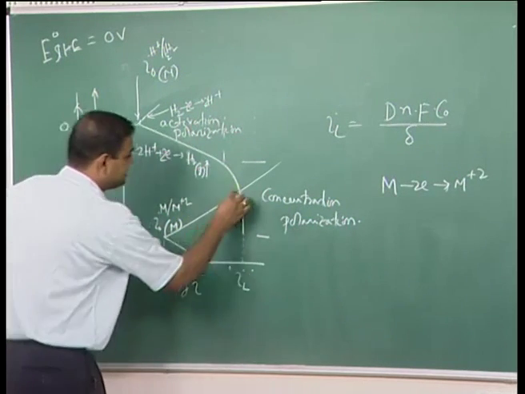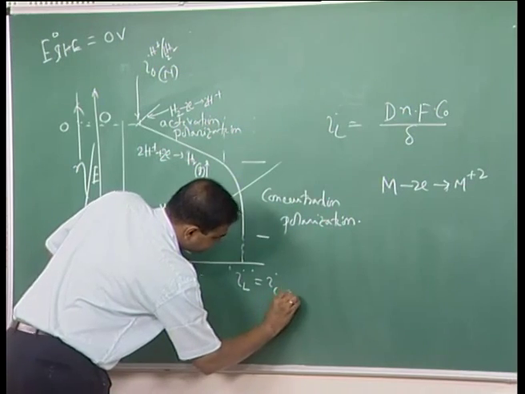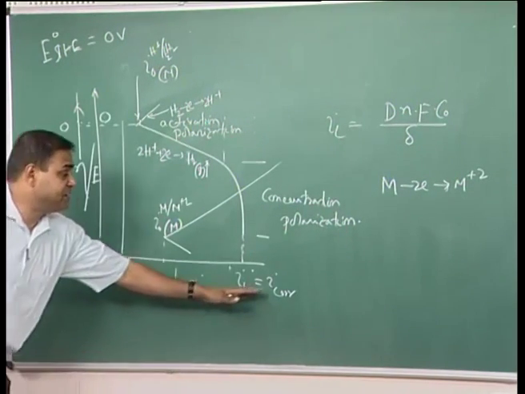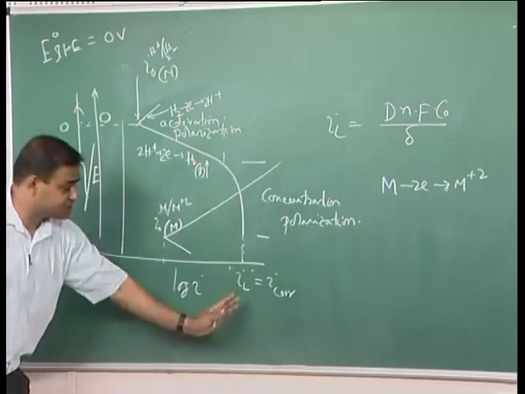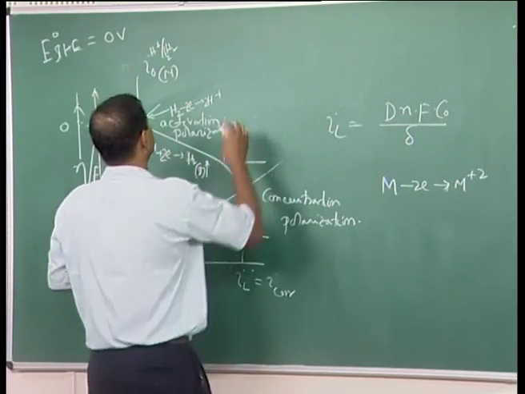Corrosion rate is nothing but I corr. IL becomes equal to I corr, because this is almost a straight line once we reach I0.